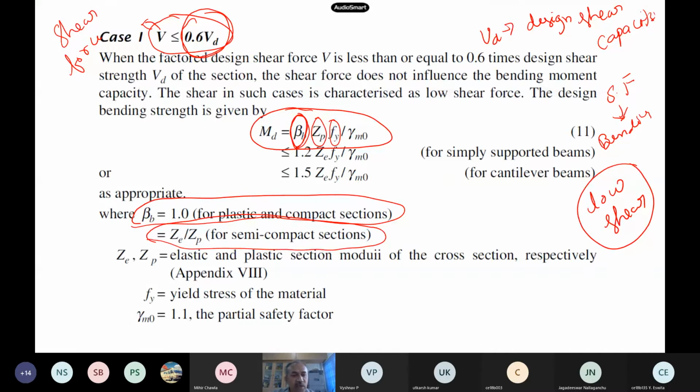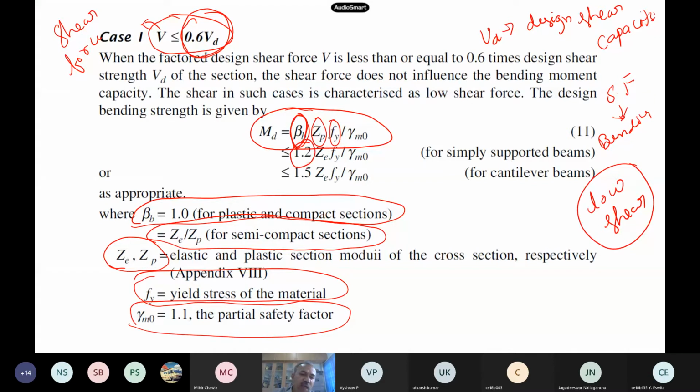Zp is the plastic section modulus and Fy is the yield stress of the material. Then the partial safety factor is there, and of course you have to verify for 1.2 times, and 1.5 times for the cantilever beam. So these two criteria are the serviceability criteria.